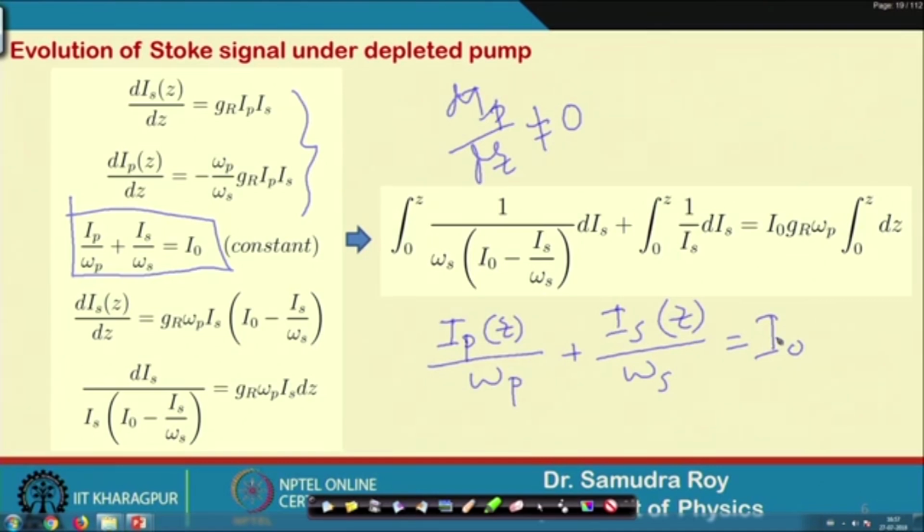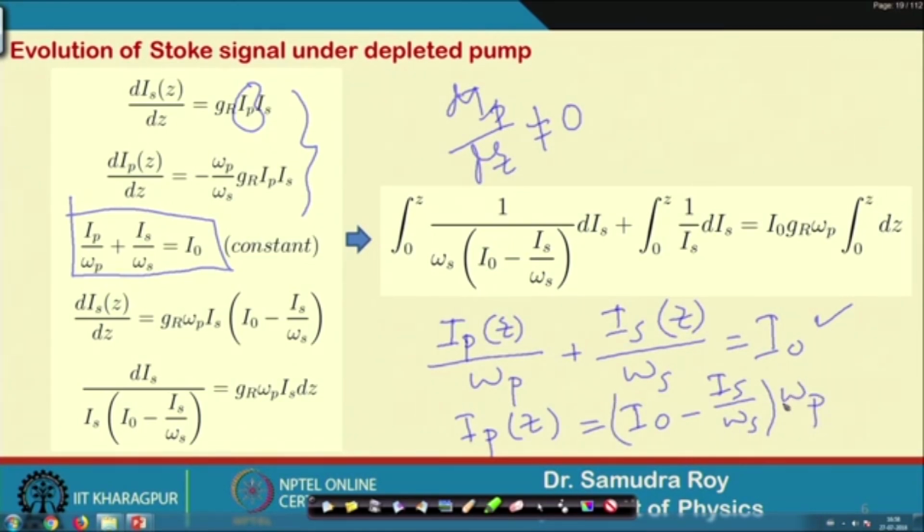When this is constant, what additional advantage do we have? We can replace I p and I s in terms of I 0, which is a constant. So the decoupling becomes quite easy, because in order to decouple we just need to replace I p in terms of I s, which we can do very easily with this equation. From here, I p of z is equal to I 0 minus I s divided by omega s, multiplied by omega p.